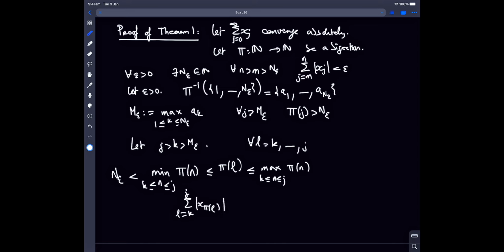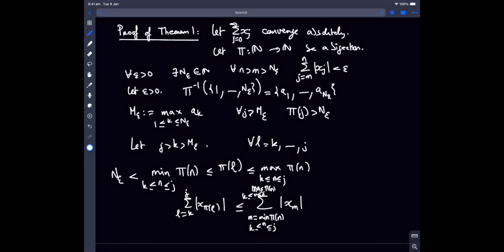Now, when I sum the x of pi l, and l runs from k to j, I have a certain number of terms in here, and all those terms have to be between the minimum of the pi n and the maximum of the pi n. So this sum is certainly smaller than the sum I would get if I did not forget any of the terms, and I summed the absolute values of xm for m running between the minimum of pi n, when n is between k and j, and the maximum of pi n, when n is between k and j.